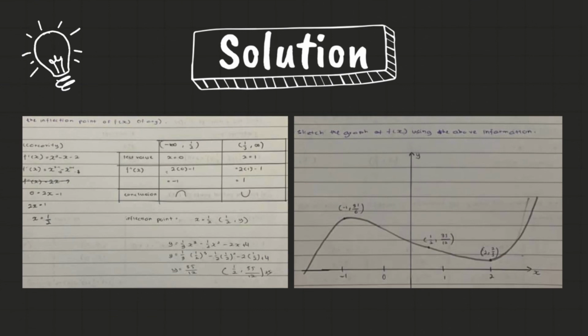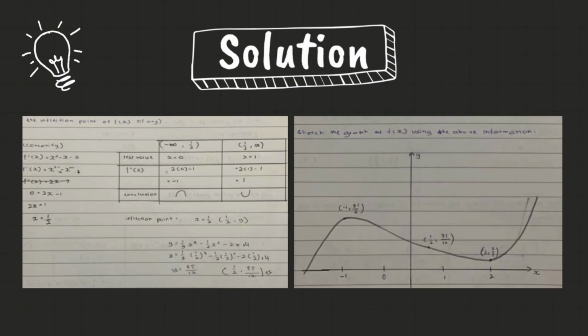For the second line, put the test values. For the first column, the value must be less than 1 over 2 and the second column must be more than 1 over 2. After that, put the values into the f double prime x equation. The first column will show a negative value, so the function is concave down. The second column will show a positive value, so the function is concave up.